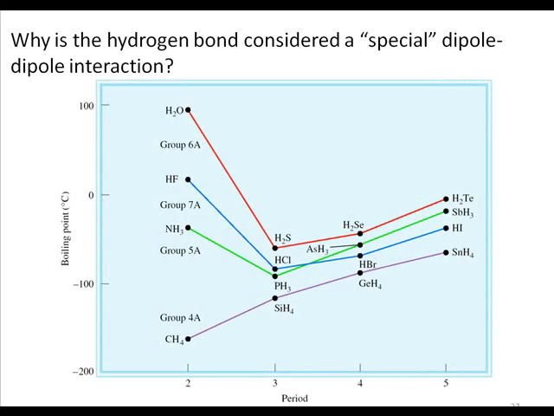Now, hydrogen bonding is a special dipole-to-dipole interaction. And the reason for that is because it is in fact so strong. You could see the H2O, HF, NH3, HCH4. You can see how strong of an impact it does have on boiling points of the other molecules.